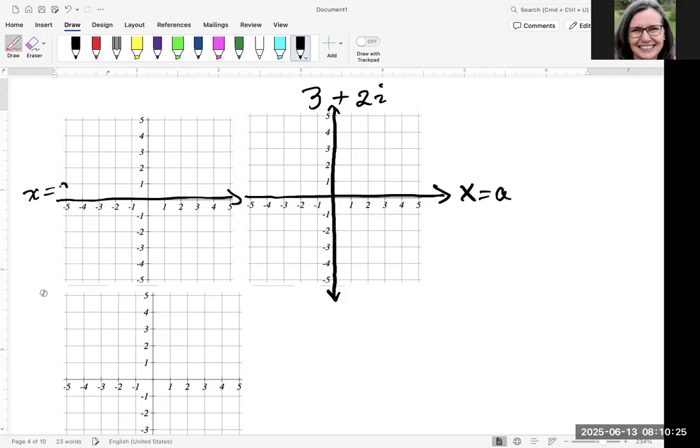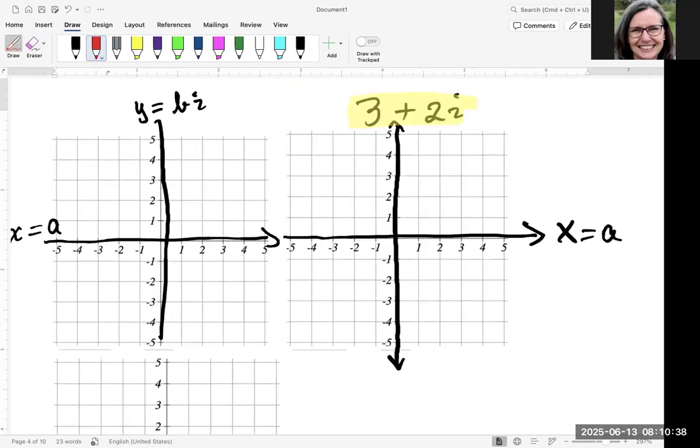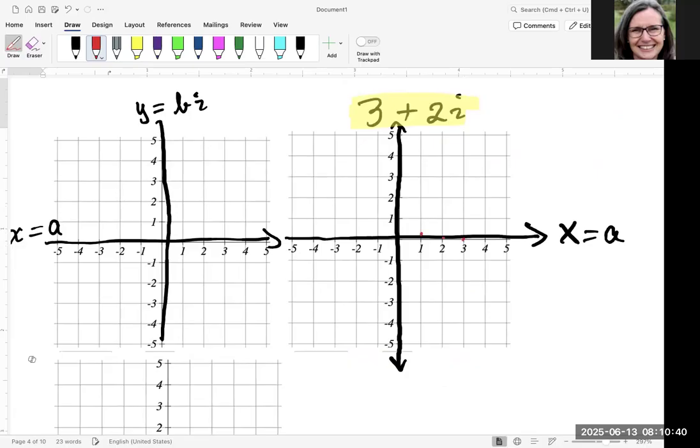Our x number line is our a. Our y number line is our bi. So if I'm to graph 3 plus 2i, I would go over 3 and up 2, and that would be the point 3 plus 2i on the number system.